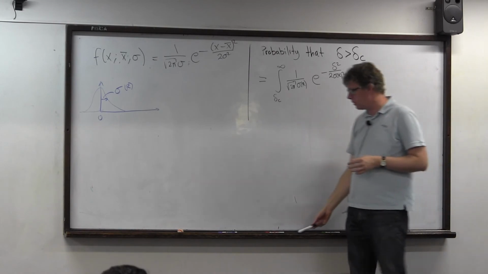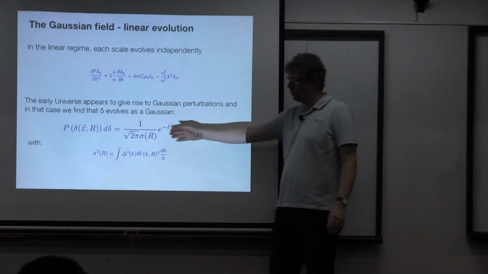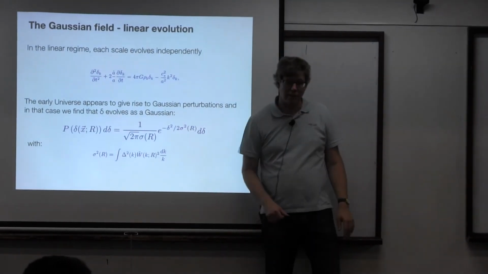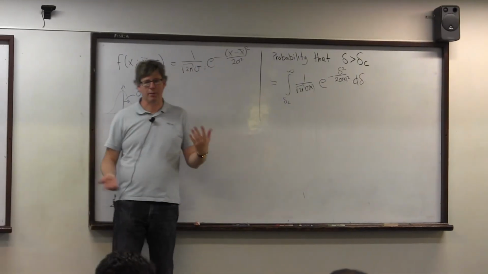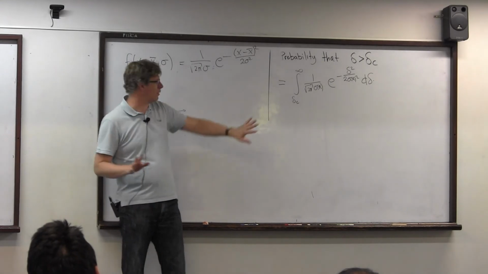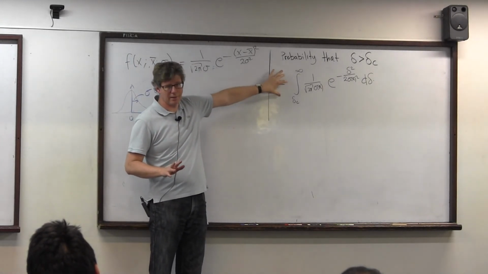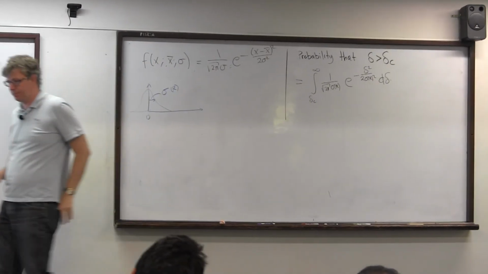It means the chances of having a perturbation that's bigger than some particular value, or you could write it as less than some value, is given as an integral of that kind. If you're unfamiliar with probability theory, you should ignore all I'm saying about probability. You should just take this as defining an expression. It defines the chance of getting something.